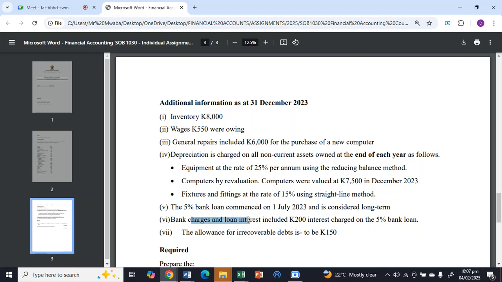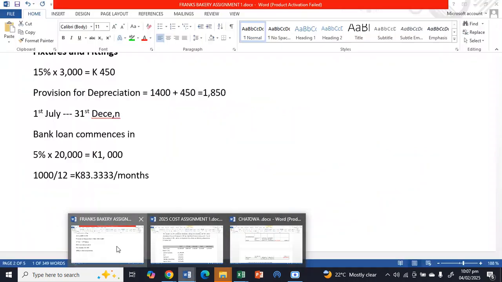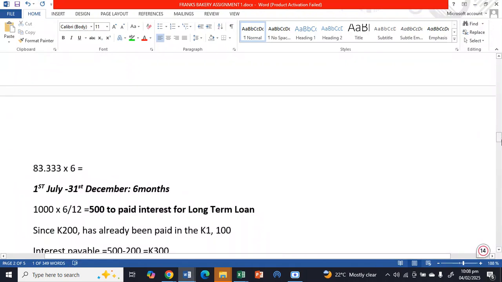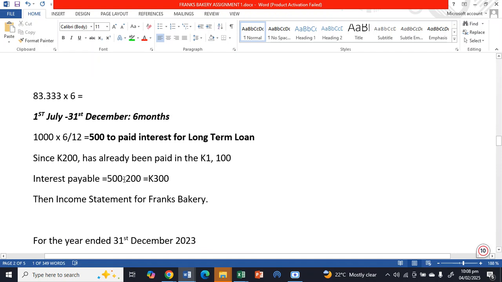Bank charges and interest included 200 kwacha interest charged on the 5% bank loan. So the interest that we paid for this year is 200 kwacha, when we were supposed to pay 500 kwacha. So you do 500 minus 200, which is 300 kwacha that we are owing in interest.